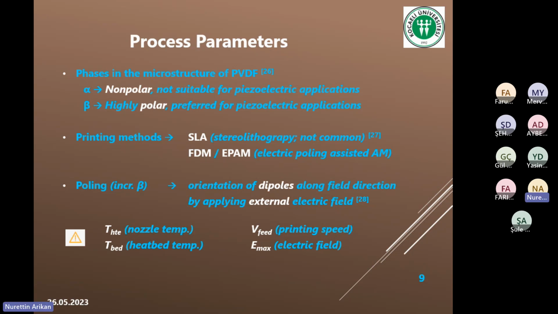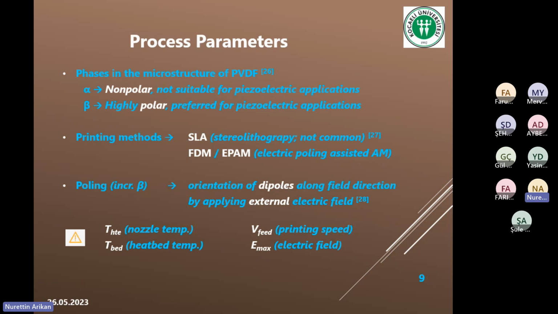And another important parameter is polling. Polling is not essential. I would like to highlight that. It's not essential. However, in order to increase the beta phase in the microstructure and make the material more piezoelectric, so to say, we might need some polling methods.